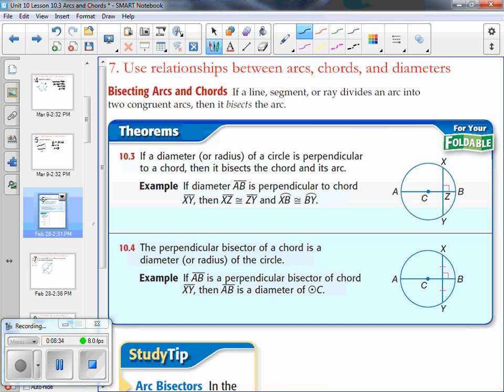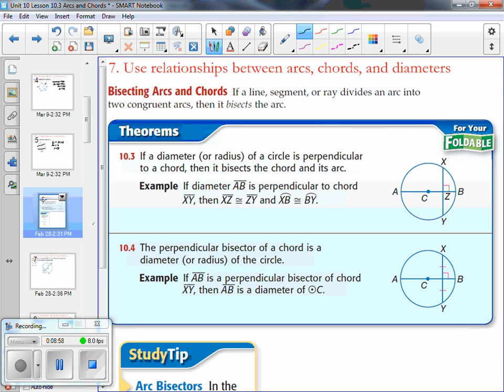Okay. On page 702, we have two theorems together in a box. That usually means they're related in some way. So let's take a look at these. And before we do, right above it, it says if a line, segment, or ray divides an arc into two congruent arcs, then it bisects the arc.